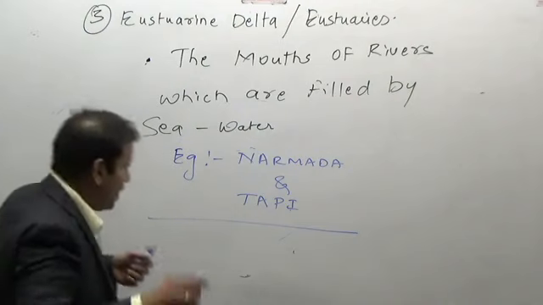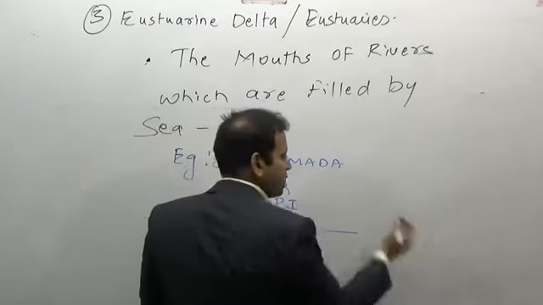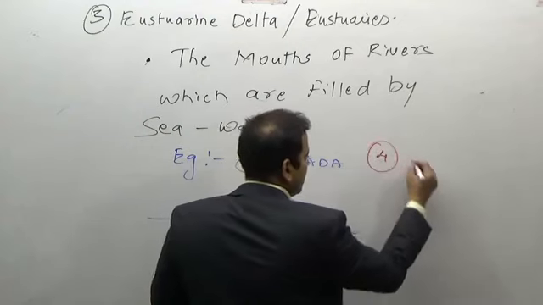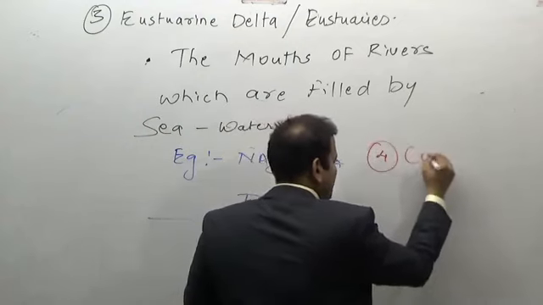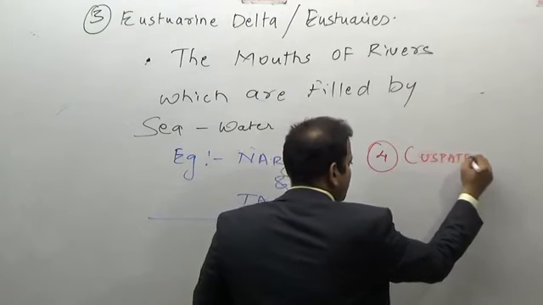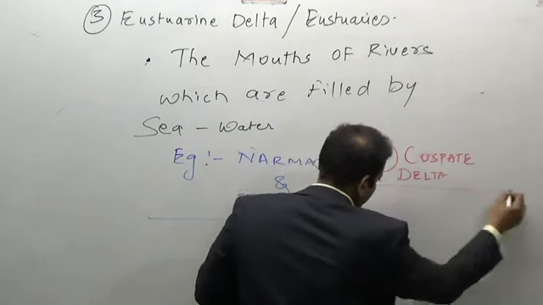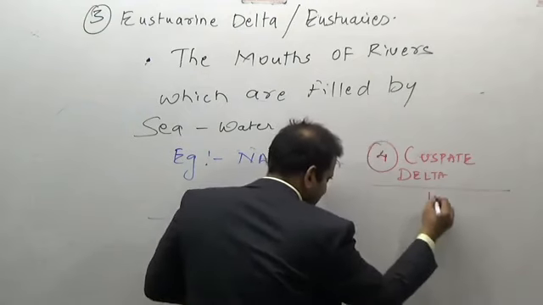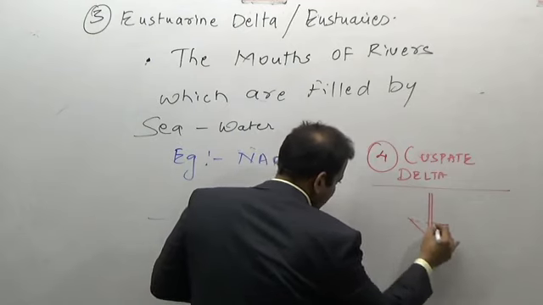Some deltas are a modification or special kind of delta. For example, you remember, one looks like a tooth-like delta. It is known as a cuspate delta. Just remember it for the preliminary examination. It is when the river enters the sea and deposits the sediments like a tooth. The sediments are deposited on the sides like a tooth.